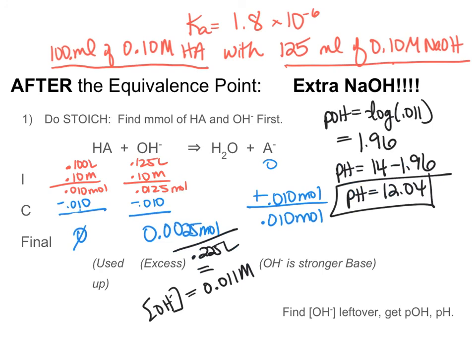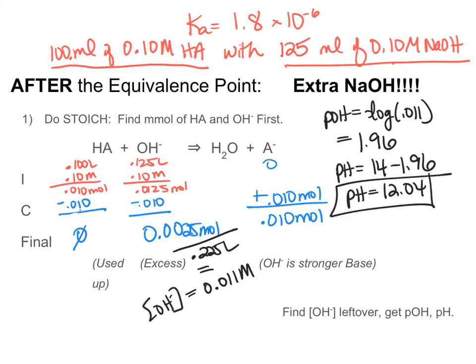Okay, so just to walk you through what I did here, I divided by my total volume. I got my hydroxide concentration. Then I plugged it into my pOH equation. I got 1.96. Then to get pH, I do 14 minus the pOH.